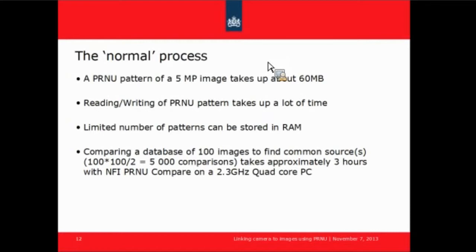It also means that you can only store a limited number of patterns in the memory, which slows down the comparison of these patterns. So when you use our old software on a 2.3 gigahertz quad-core computer, and you have a database of 100 images, which you want to compare to each other to find a common source, it will take you about 3 hours.